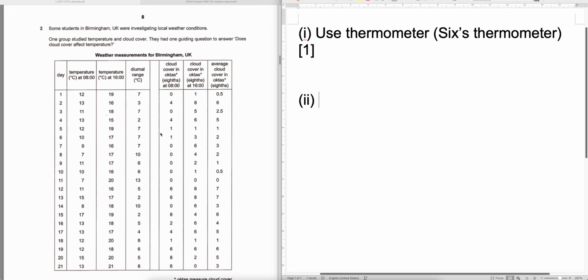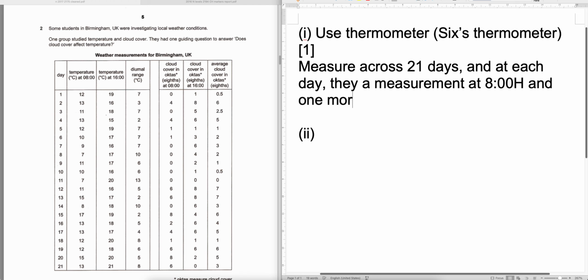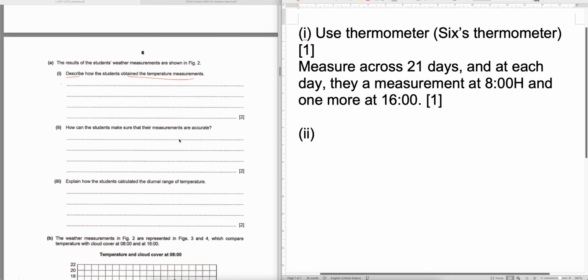So probably things like they measure across 21 days, and each day they take a measurement at 8 a.m. and one more at 4 p.m. That would have helped to answer the question better, rather than repeating the precautions in part 2.